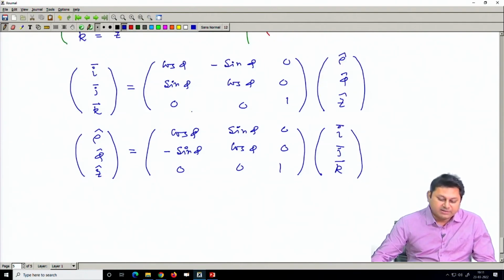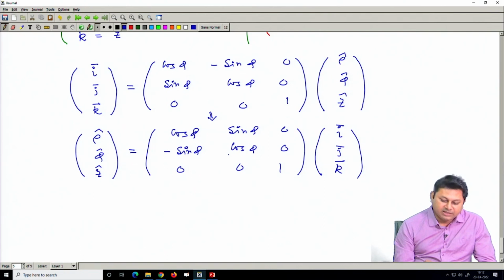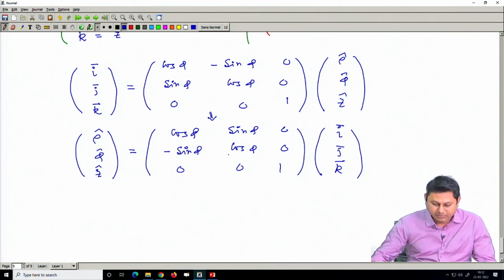But interestingly, there is a relationship between them. So, if I know that this is ijk and this is rho phi z and they are related with the matrix M, then if I find the inverse of this matrix M, rho phi z can be written in terms of ijk with this inverse matrix. But here we can see that these things are simply the transpose of that. That means the inverse and transpose are the same matrix.